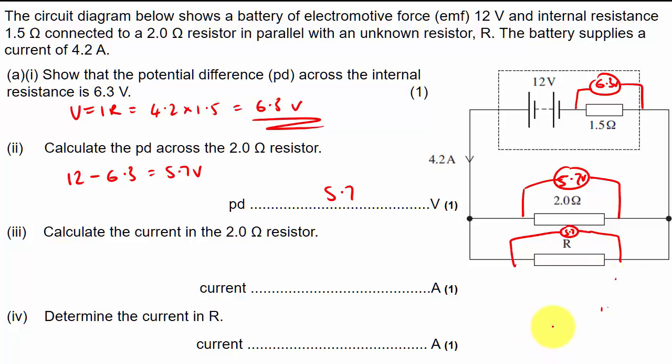Now, calculate the current in the 2 ohm resistor. Now that I've added that information, I think it makes it a bit easier for me to spot: I've got the voltage, I know the resistance, so I can just use Ohm's law again.